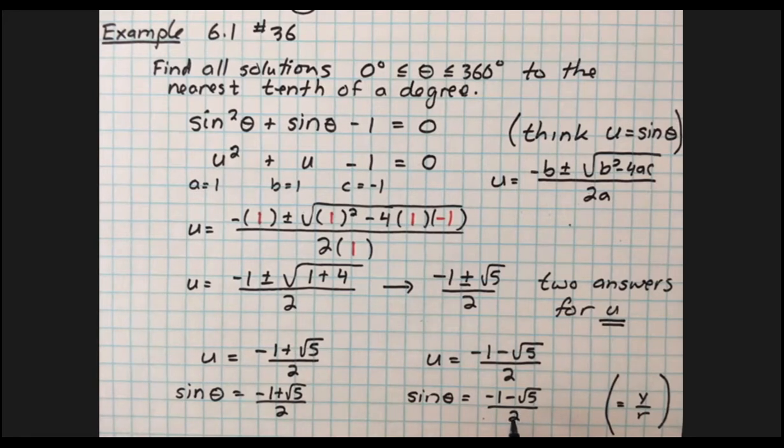Before I do it, I think I'm going to try to draw these. I want you to also notice that the square root of 5 is about 2.2-ish. So do you see -1 plus 2.2? This number is a positive number. This number, -1 minus root 5, is definitely a negative number. So let me try to draw these, and then I'll approximate on calculator.